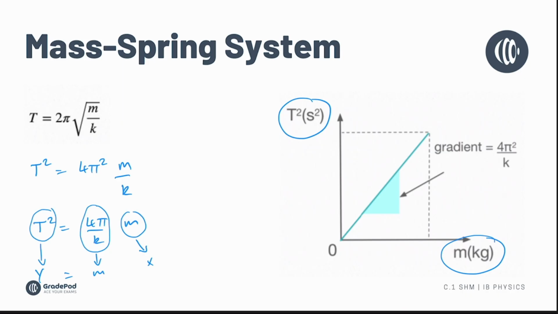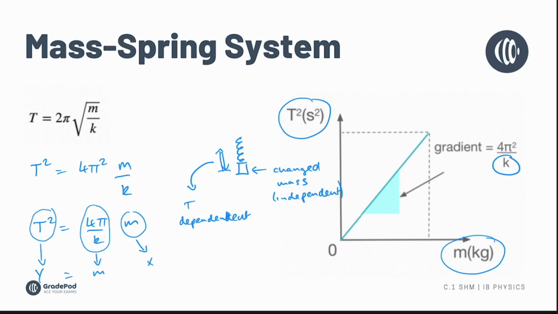So in theory, if you had a mass spring system and you changed the mass, make that the independent variable, and then you measured the time period, that's your dependent variable, then once you plotted them, you would be able to find out what the spring constant of the spring is.